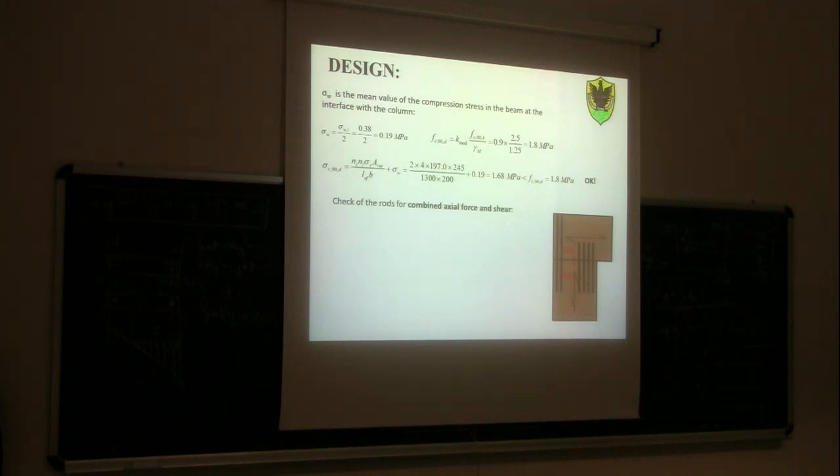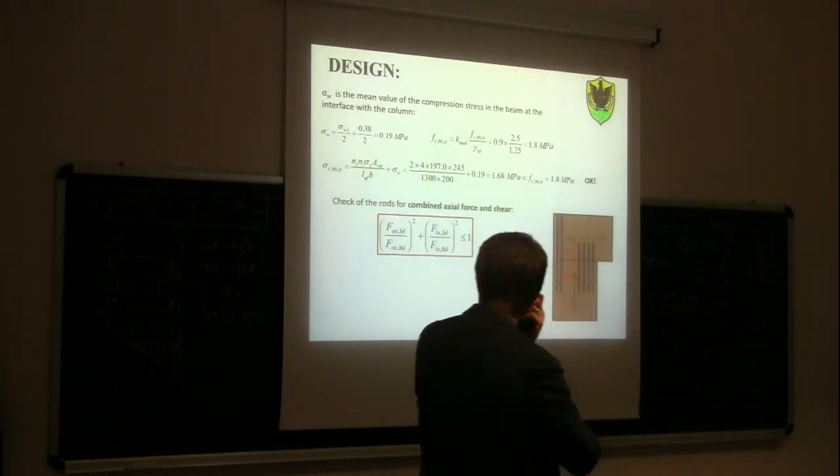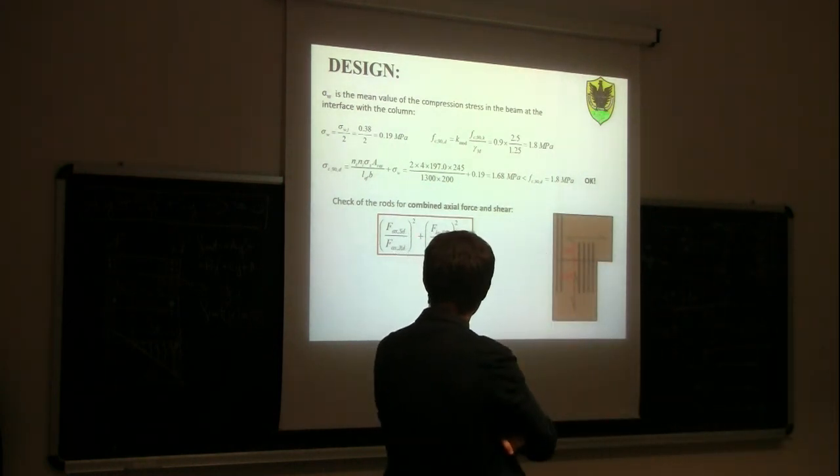So, in this case, we need to use this interaction criterion, this quadratic interaction criterion, where we have to calculate the axial force demand and the lateral force demand, and we have to do the ratio between those demands and the actual capacity, the axial capacity and the shear capacity of the rod.